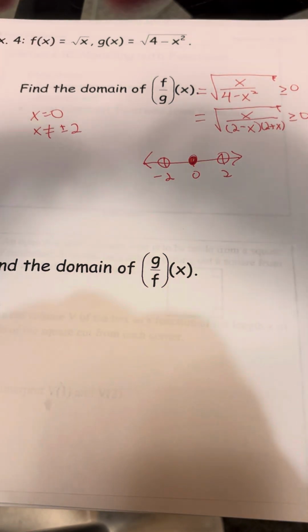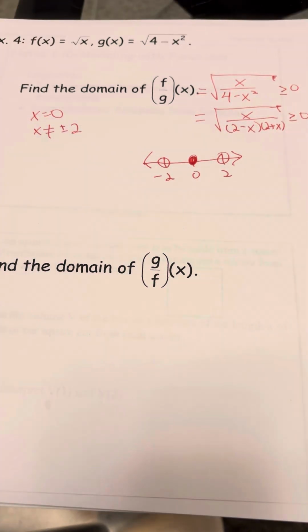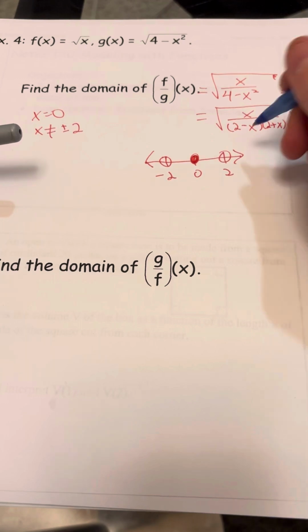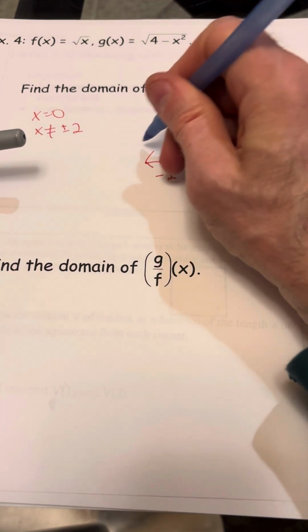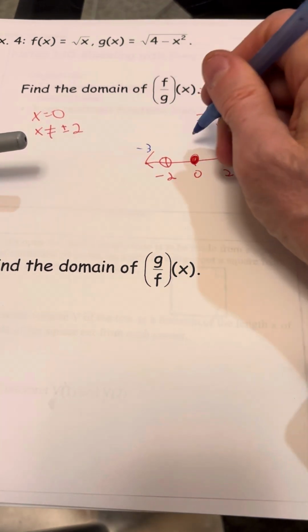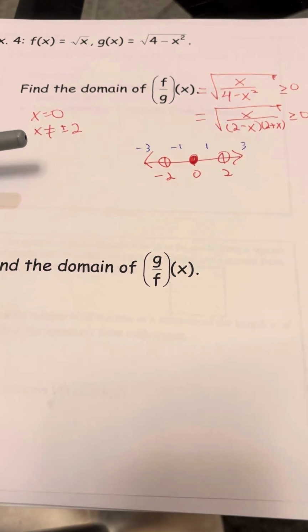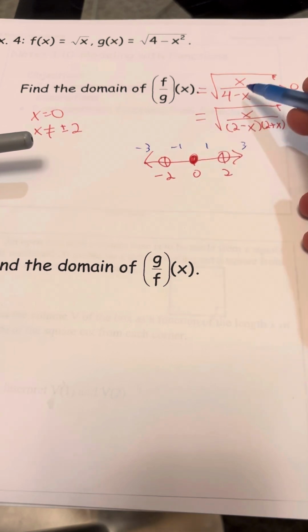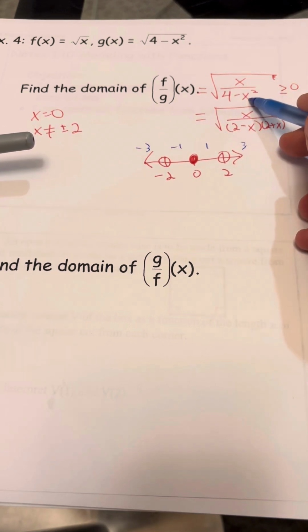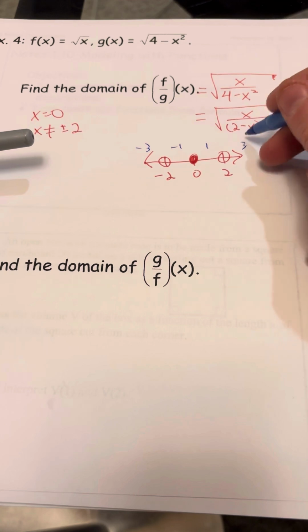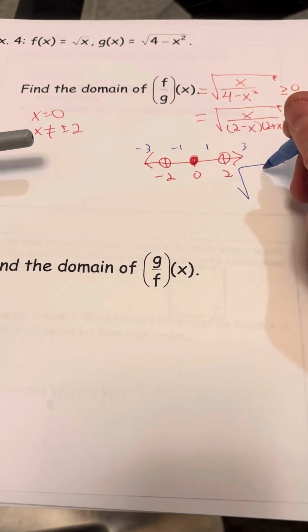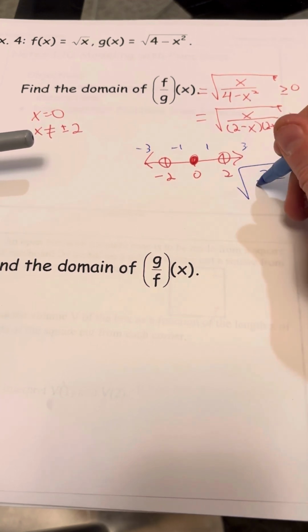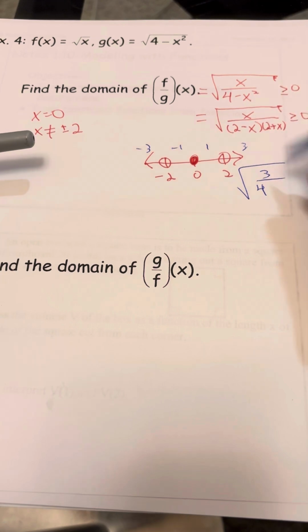Now from here, we can use test values, something like 3 and negative 3 on the outer parts, negative 1 and positive 1 on the inner parts, and just plug these values back in. I'd probably use the original function here. When you plug 3 in, it's the square root of 3 over 4 minus 3 squared, which is 9.